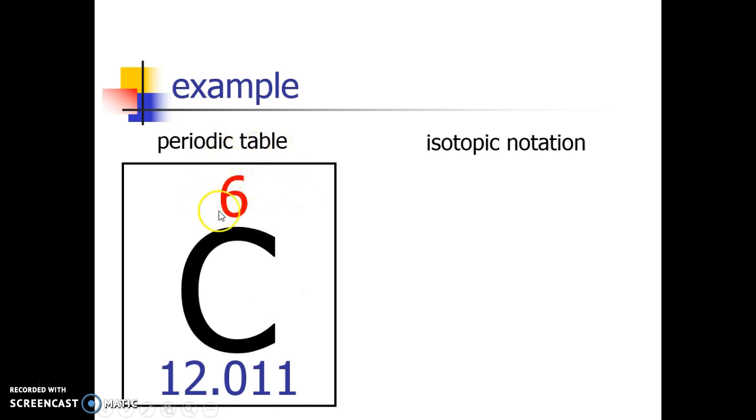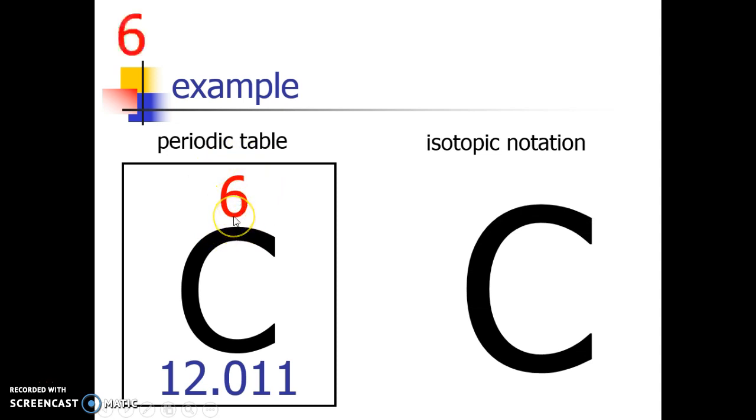Because if you remember, the periodic table is arranged according to this number. This number actually represents the atomic number. So it's telling you what number it is on the periodic table. And then this number, or a form of this number, represents the mass number.